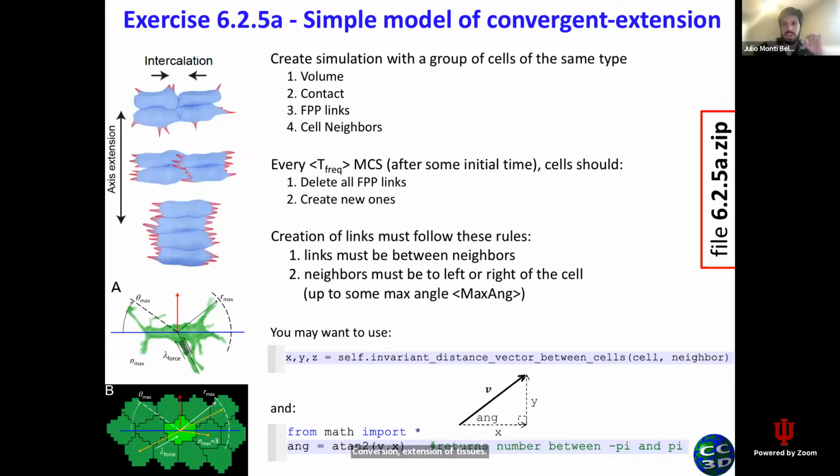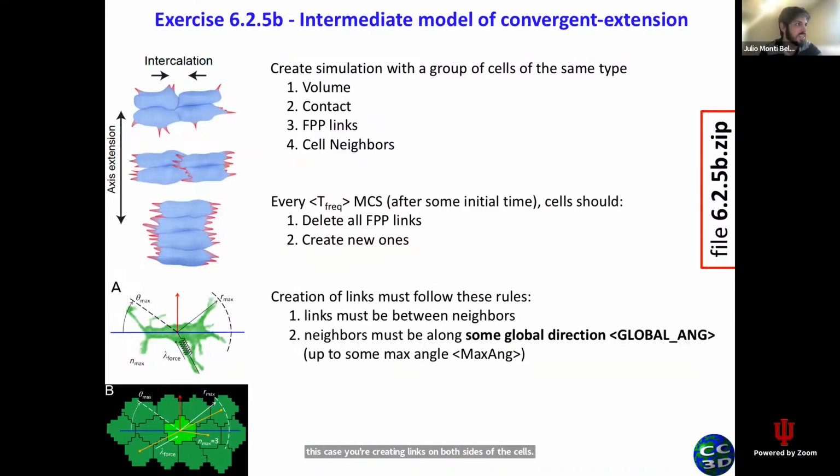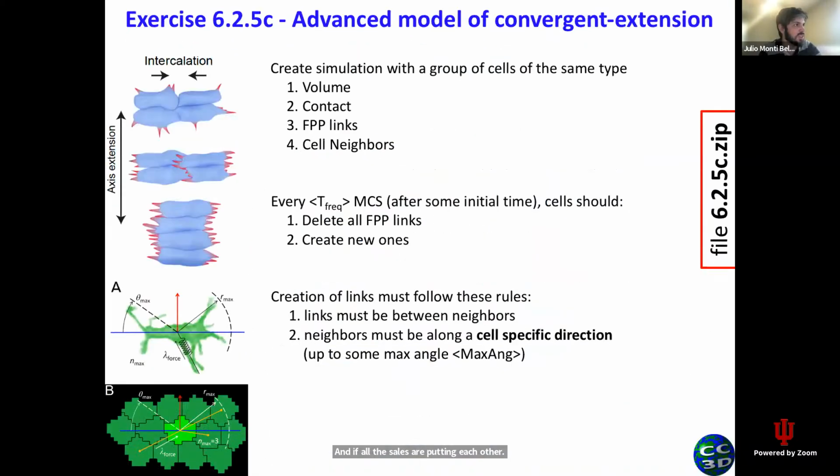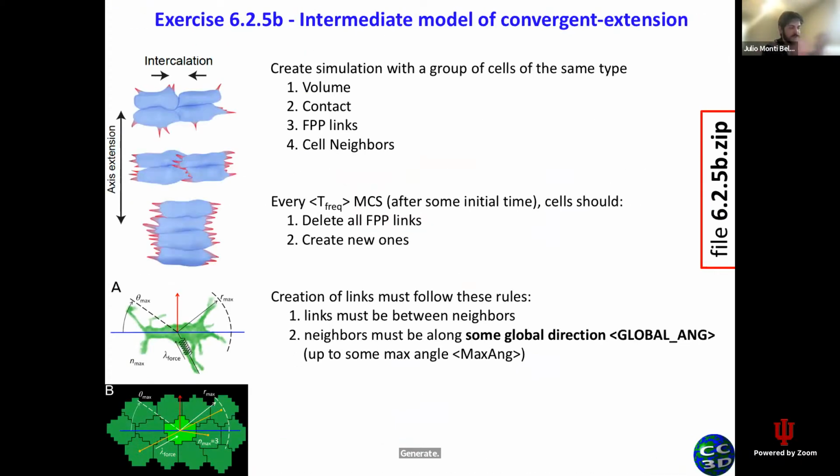In this case, you're creating links on both sides of the cells. And if all the cells are pulling each other at the same time, you can generate contraction and convergent extension of the tissues. So the files are there for you. I'll put the files for the anchors as well, so you can actually do cell crawling in the absence of other cells as well.